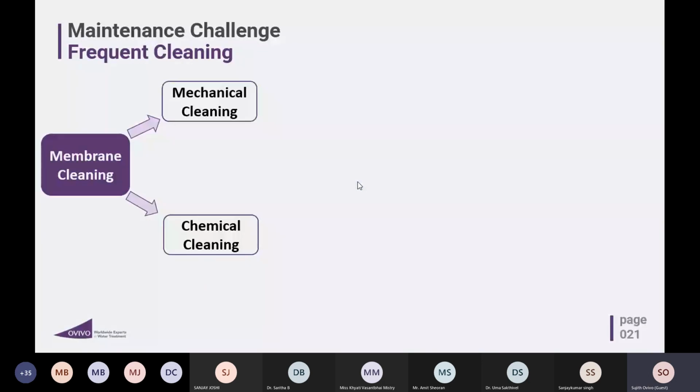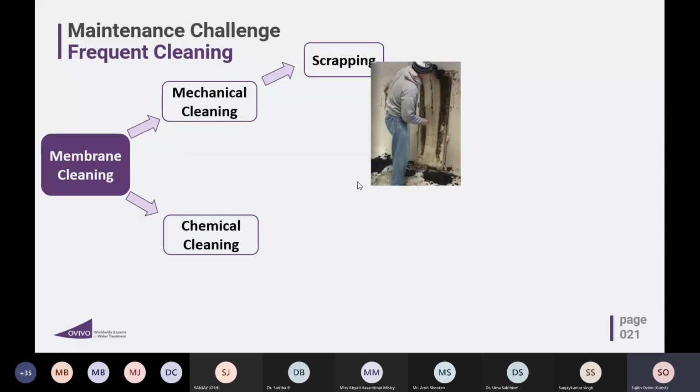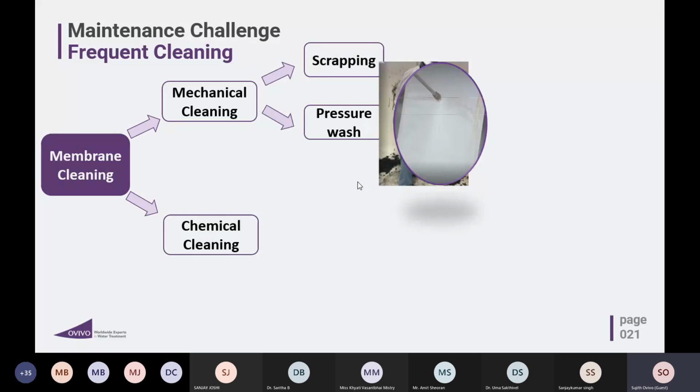And what are the other challenges? Frequent cleaning, which we talked about. It can be mechanical or chemical cleaning. In mechanical, if the membrane is clogged, you have to take out the membrane plates. You do the in situ chemical cleaning. If it is not getting resolved, you have to take literally each membrane plate and clean it, scrape it out. Or you have to do the pressure wash.